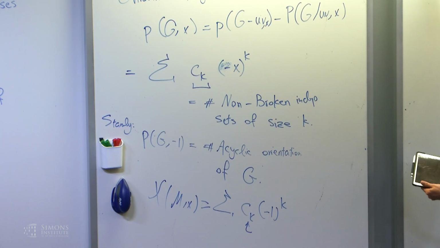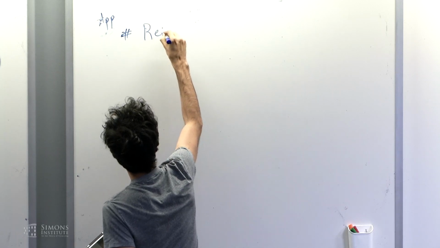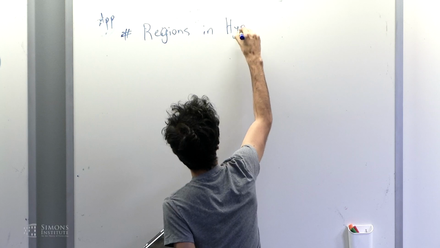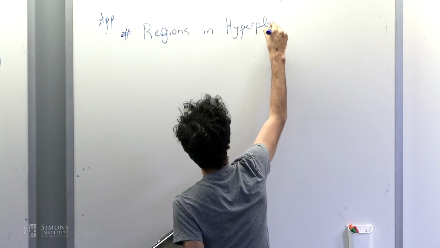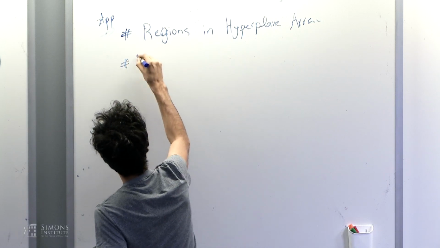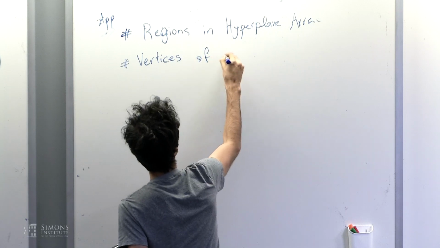So applications for matroids would be the number of regions of hyperplane arrangements, and the number of vertices of zonotopes.